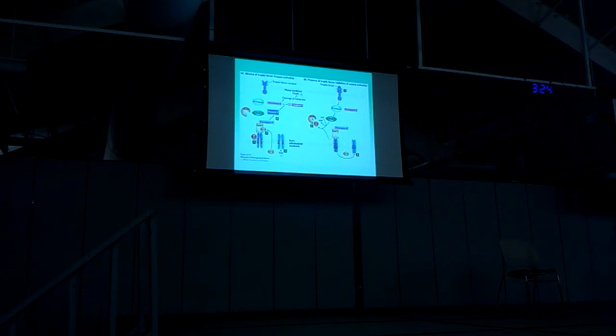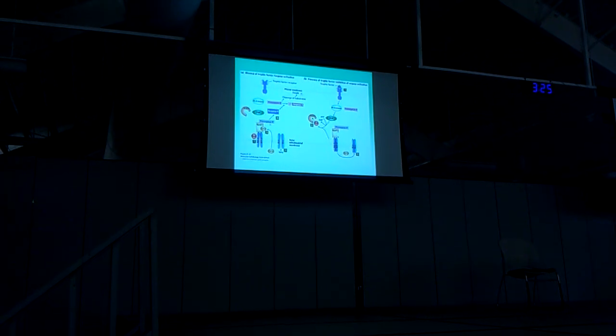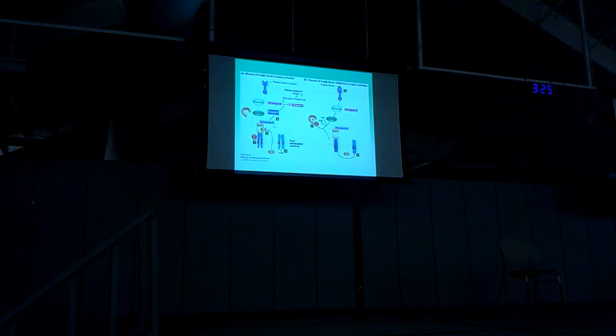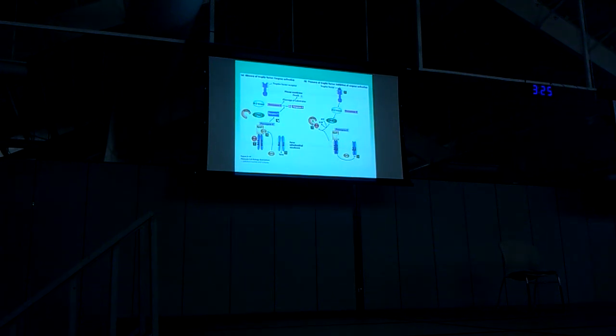As a result, your BAX is going to be active, it's going to allow ions to move into the mitochondria and water as well. Note, cytochrome C is going to flow out. Cytochrome C goes out, forms the apoptosome with APAF1 and procaspase 9. This is going to allow the cleavage of procaspase 9 into active caspase 9.